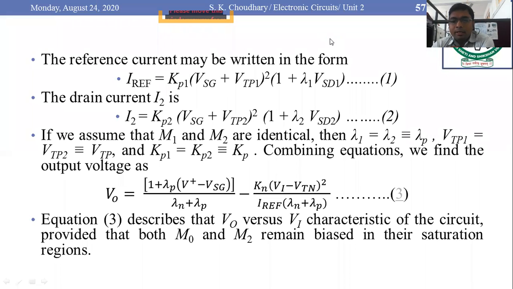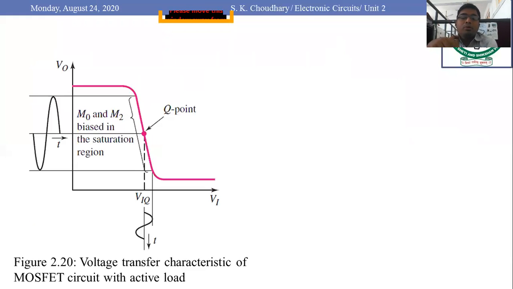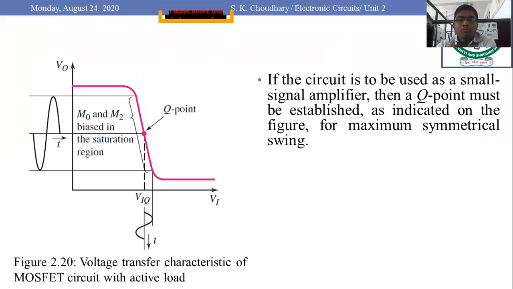And in this way, we would be able to draw the transfer characteristics, that relate the output voltage with the input voltage. You can see in figure 2.20, the output characteristics have been shown. On the y-axis there is V0 and on the x-axis there is Vi.